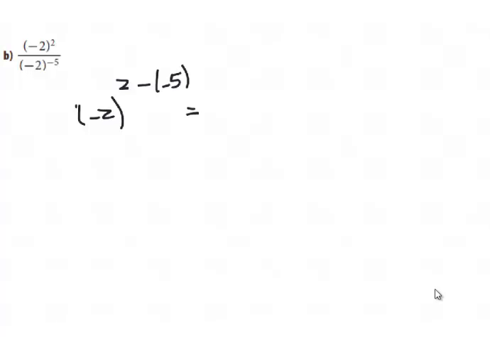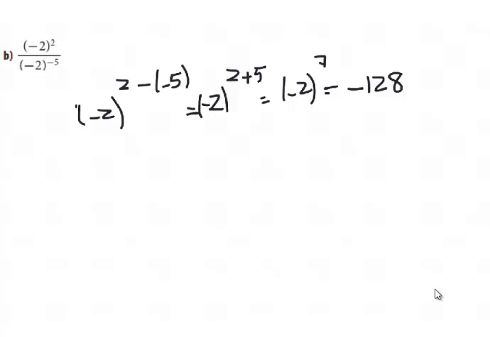But minus negative 5 is positive, so it's going to be negative 2 exponent 2 plus 5, which is negative 2 exponent 7. Now, using your calculator, negative 2 exponent 7 is negative 128.